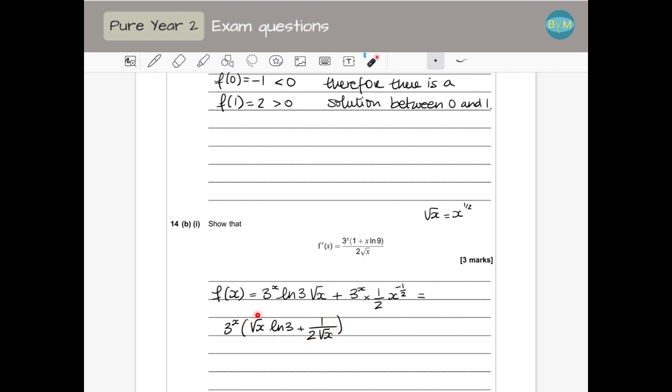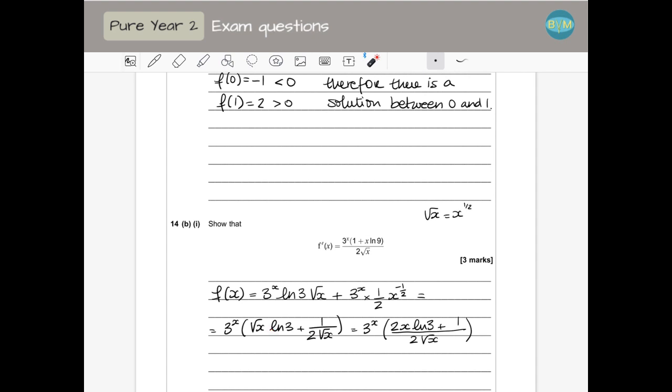And now I'm going to add these two terms.